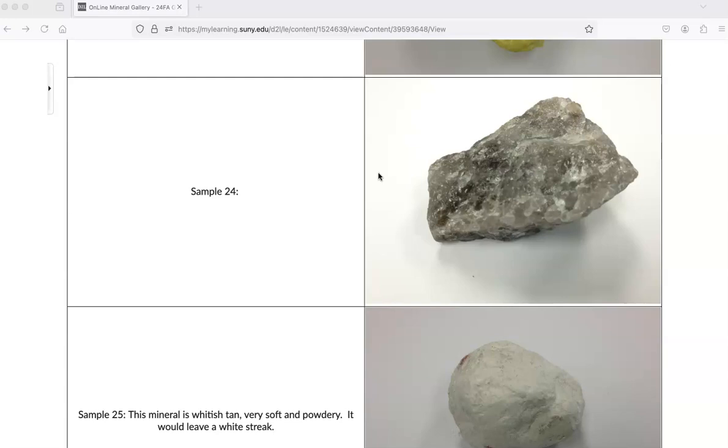But it does have one other unique property other than being glassy-ish, is that it's pretty gray. So what did you guys call it? Smoky quartz, yeah. So return of the silicates, right? 24 smoky quartz.